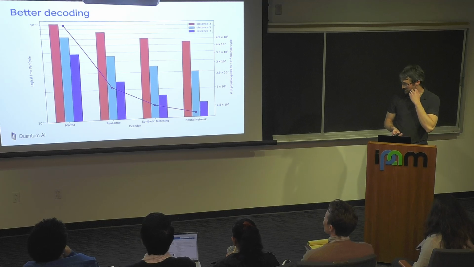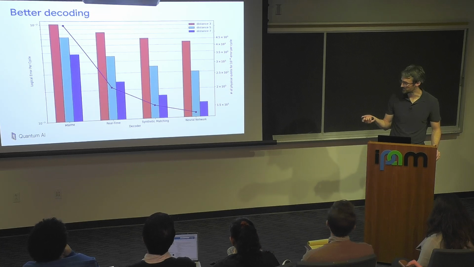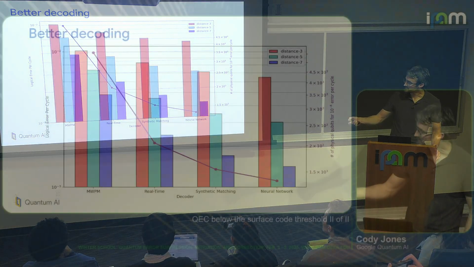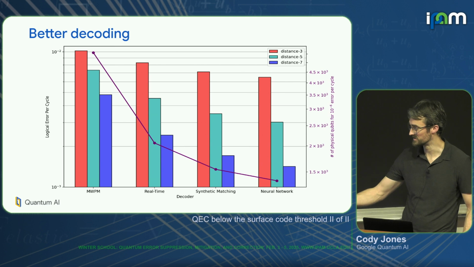Okay, so there was also a question about comparing the different decoding algorithms for the recent experiments. So this is now a lambda of 2, or greater than 2. Over here we have the matching without correlations, which is here just called minimum weight perfect matching.